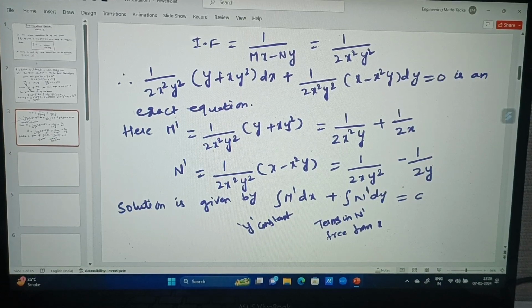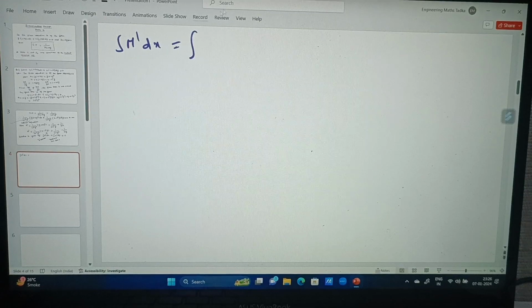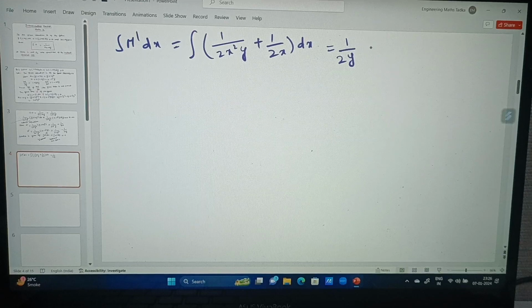Okay? So let us find out the value of integral m dash dx. What is it? It is nothing but integral 1 by 2x square y plus 1 by 2x into dx. When you are integrating the function, what is the value which you will be getting? For the first part, 1 by 2y is treated as constant.